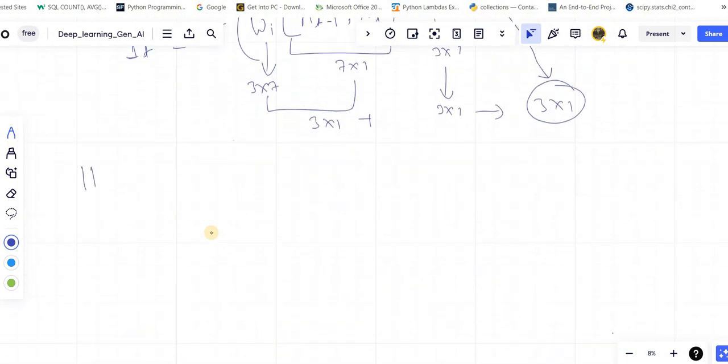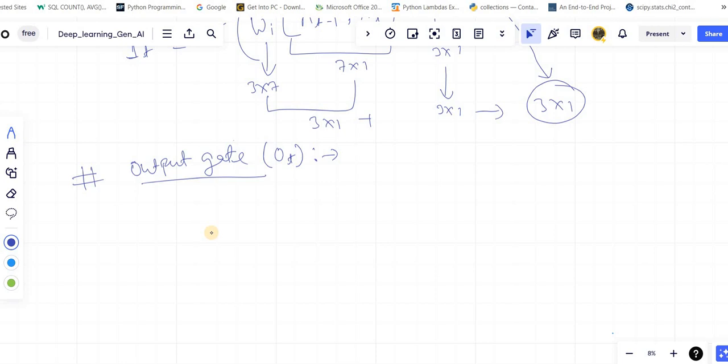Now the next and the last is the output gate. So what is the output gate now?